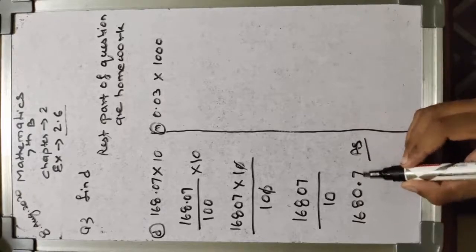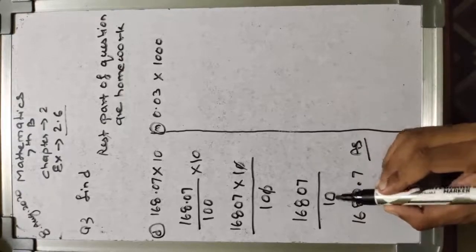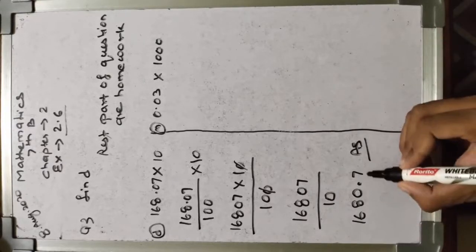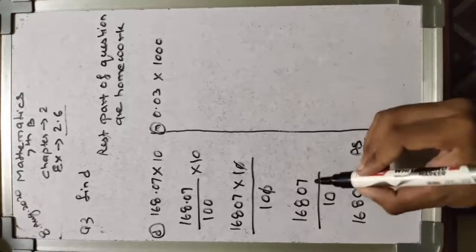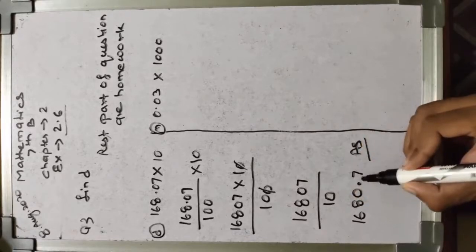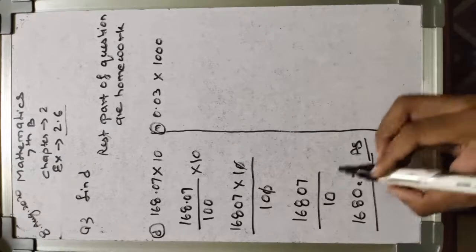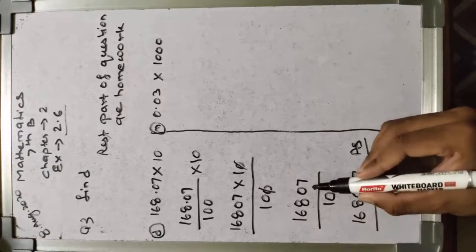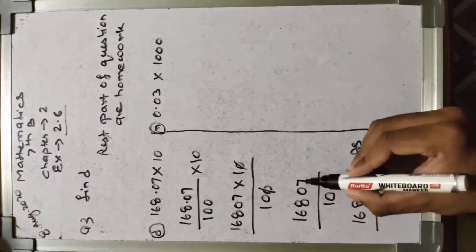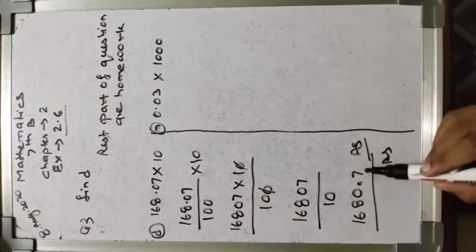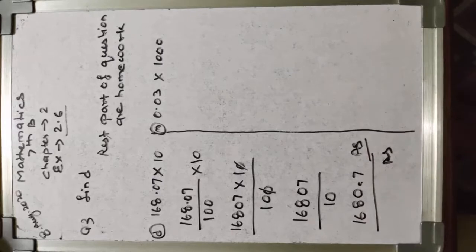How? See, there is only 1 0 in denominator, so I put decimal after first right hand digit. And what is my first right hand digit? 7, so I put decimal after 7. If there were 2 zeros, then I would put decimal after 0, 7, 0, but there is only 1 0, so I put decimal after 7.